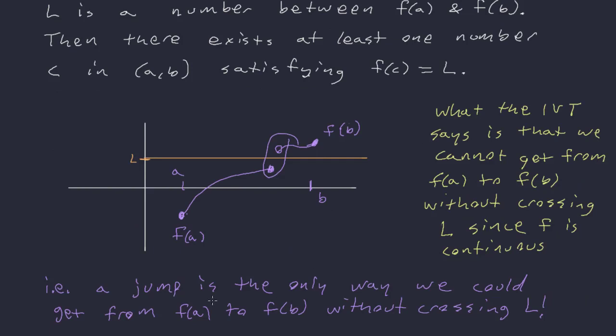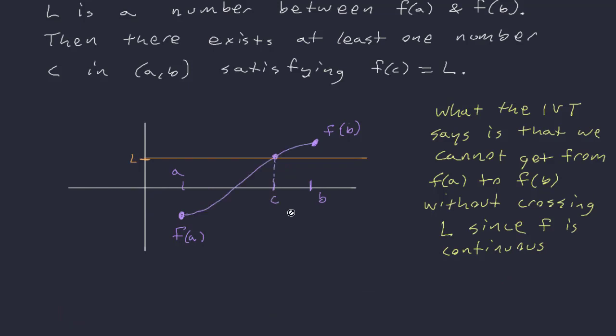Now, there are a lot of cool properties that come from this. One is not only is this saying that there exists this C that tells us we cross this L. We can do this for every value between f of a and f of b. So the function is going to hit every value between f of a and f of b.